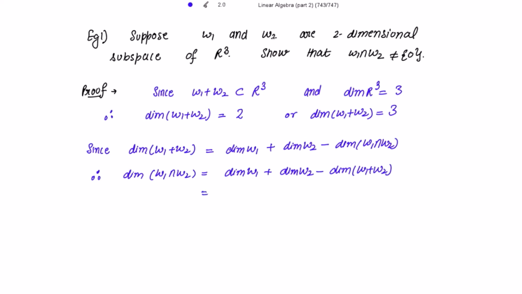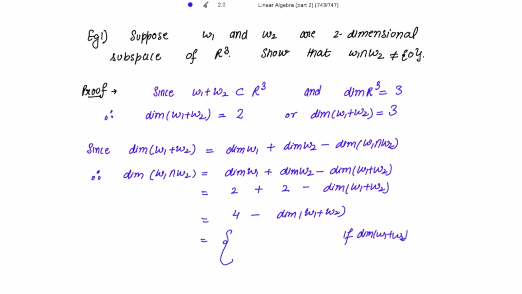The dimension of W1 and W2 is 2, so this is 2 plus 2 minus the dimension of their sum, which is equal to 4 minus the dimension of their sum. Now if the dimension of their sum is equal to 2, put 2 here, you get 4 minus 2 as 2.